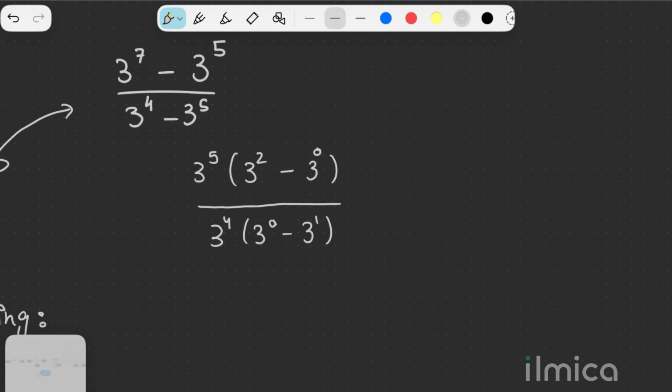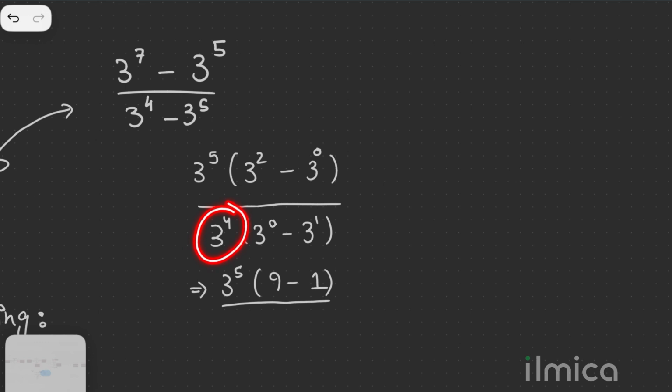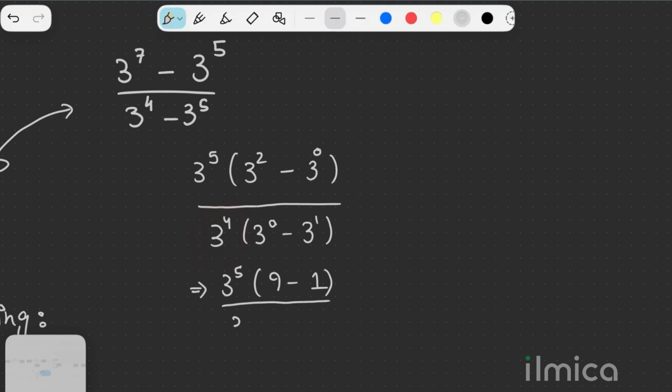Now, from now onwards, it's again simple simplification. It's going to be 3 raised to the power 5 times 3 raised to the power 2, which is just 9, minus 3 raised to the power 0, which is just 1, in brackets, divided by 3 raised to the power 4 times 3 raised to the power 0, which is just 1, minus 3 raised to the power 1, which is just 3.